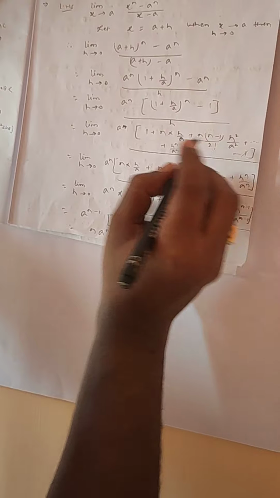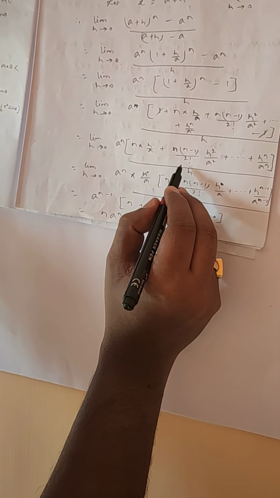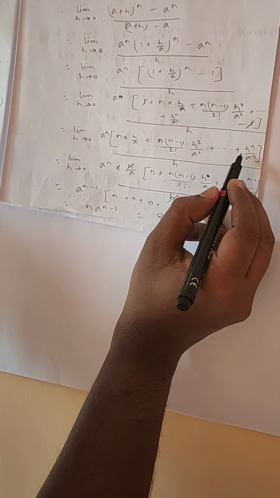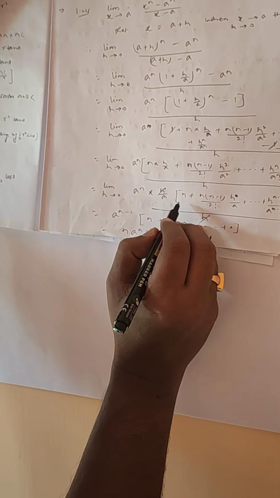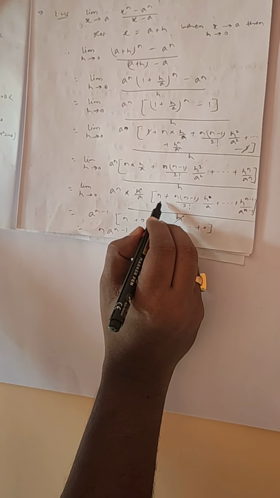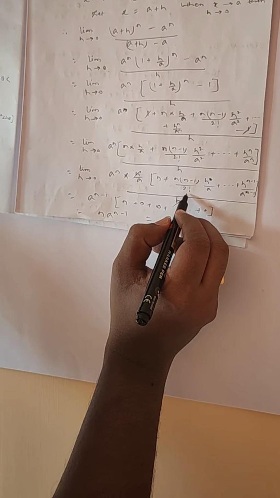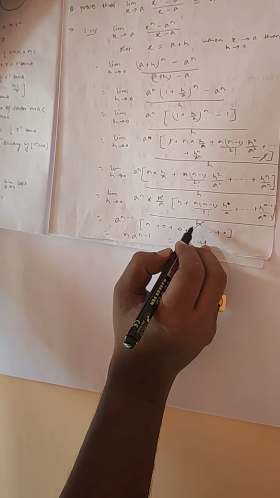The 1 cancels here. Now next will be n h by a, n into n minus 1 factorial 2 h square by a square, up to h to the power n by a to the power n, all divided by h. Now we take common h by a from all terms. So that will be a raised to n, h by a into n plus n into n minus 1 factorial 2 h by a, and up to the last term h raised to n minus 1 by a raised to n minus 1, divided by h.